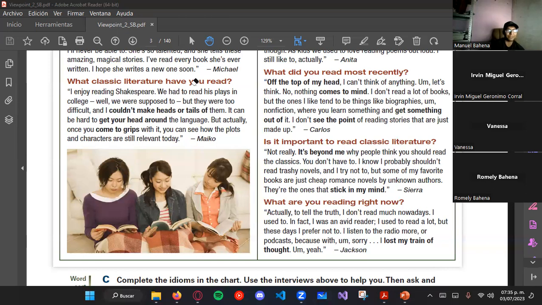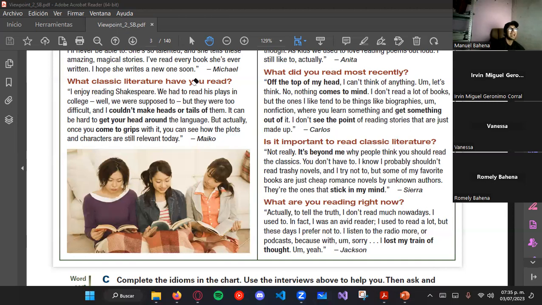Exactly. You don't have to. I know I probably shouldn't read trashy novels. No tienes que, sé que tal vez no debería leer novelas basura. Yes, trashy novels.